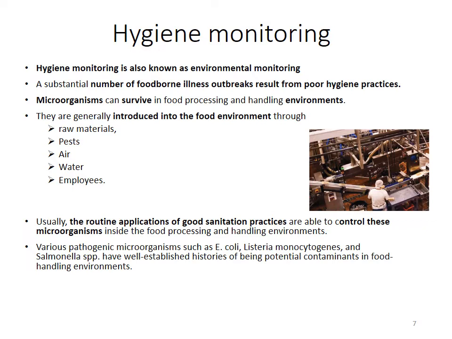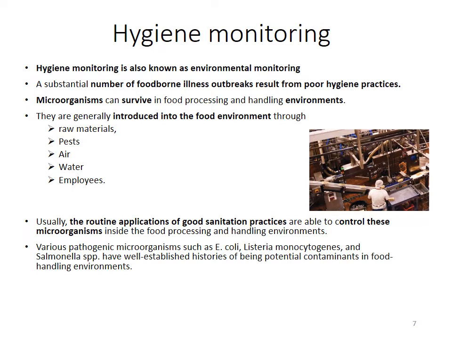So microorganisms, they can survive in the environments. Okay, not only in the food product, they can survive in their environments, and usually they are brought into the food environment or into the food factories through raw materials, okay, pests, air, water, and also employees.